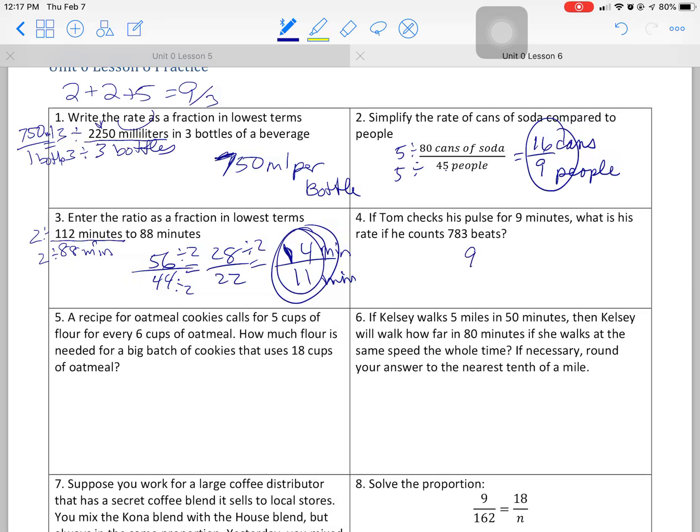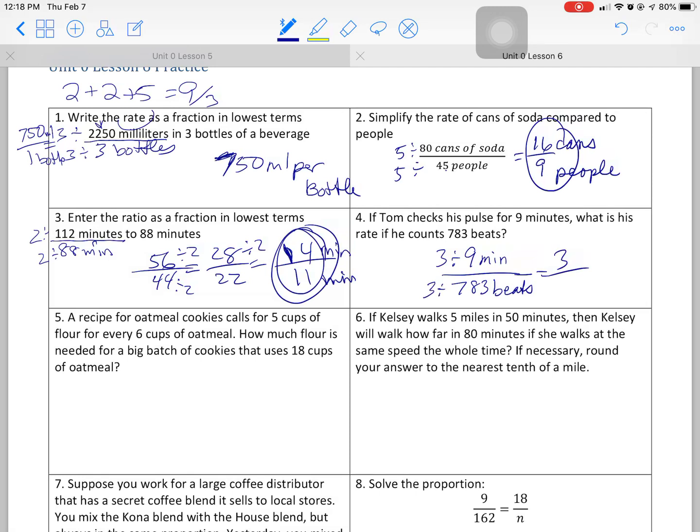Let's see. 9 minutes for a pulse. What is his rate if he counts 783 beats in 9 minutes? Let's see. Is it divisible by 3? 7 plus 8 plus 3 is 18, which is divisible by 3. So that's divisible by 3 also.